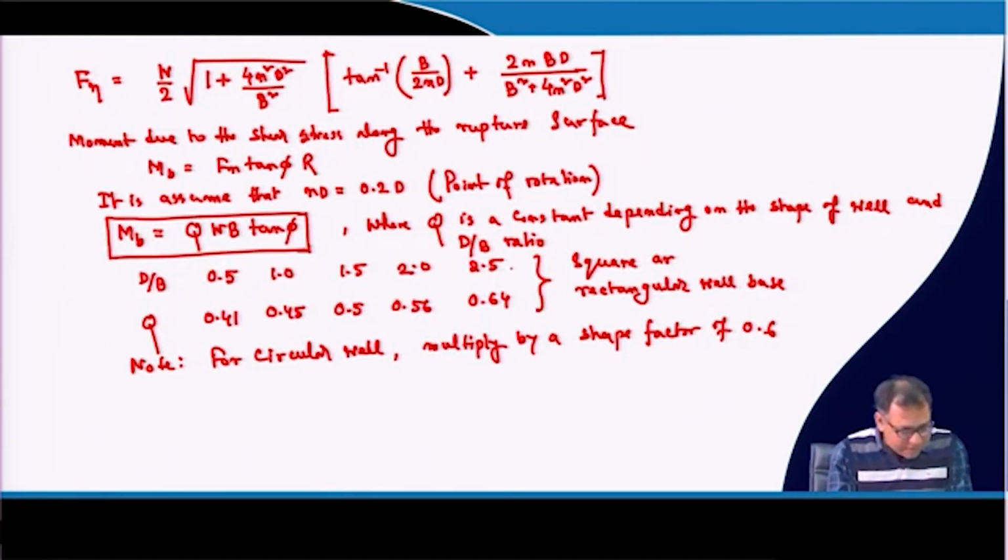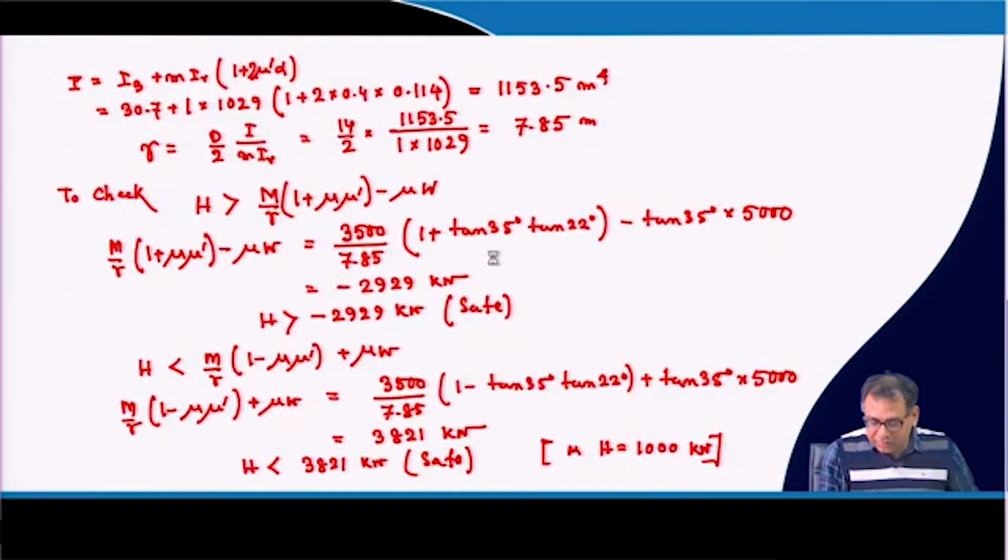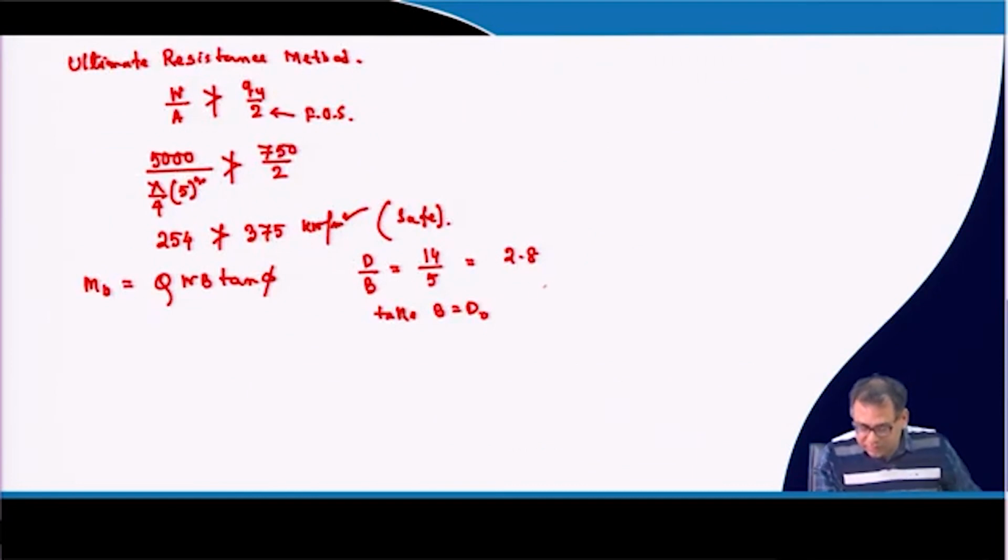2.8 and this is beyond this 2.5. So, it is close to 2.5, so we have taken 0.64. Okay. So, Q is equal to 0.64, but this is for rectangular or square footing.